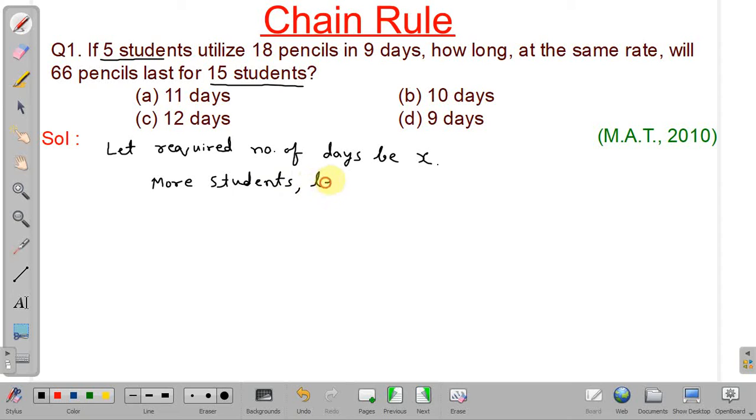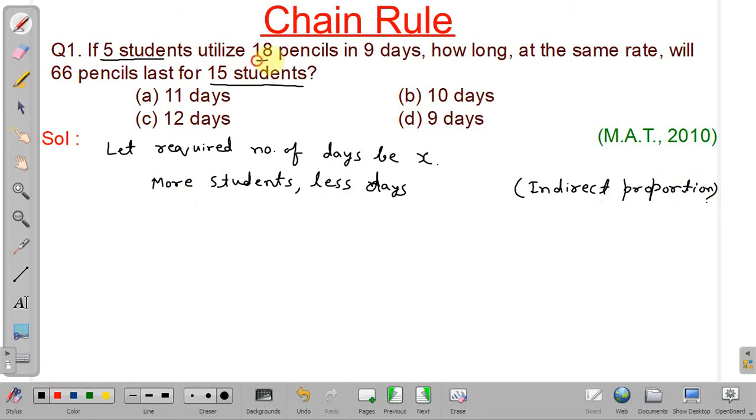Okay, less number of days, limited pencils can be used. Okay, less days. So it is indirect proportion. Next dependent parameter is number of pencils.